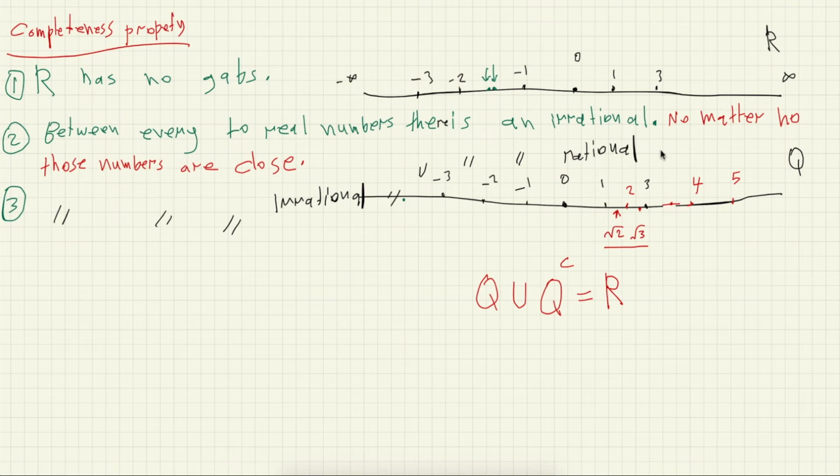There is a rational number, no matter how close those numbers are.